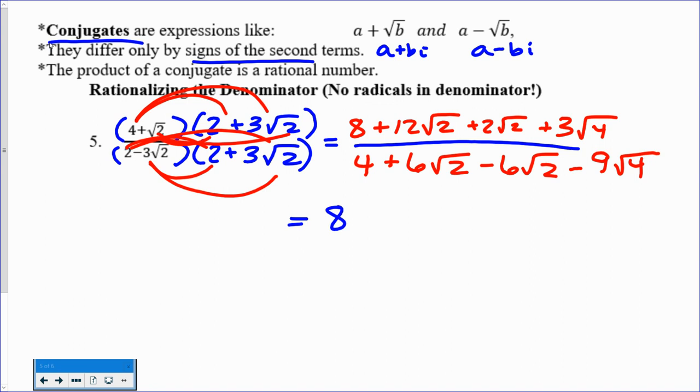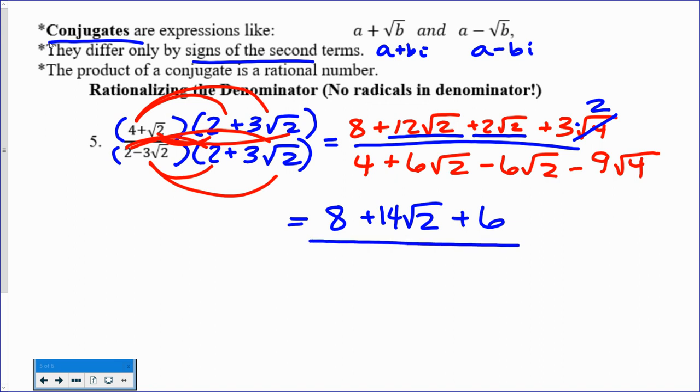So I've got 8. 12 square roots of 2 plus 2 square roots of 2 would be 14 square roots of 2. 3 times the square root of 4, which is 2, so that would be 3 times 2, which gives me 6. In my denominator, I've got the 4. 6 square roots of 2 minus 6 square roots of 2 would cancel out.